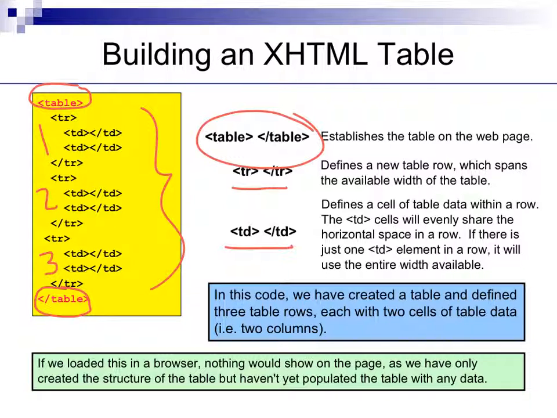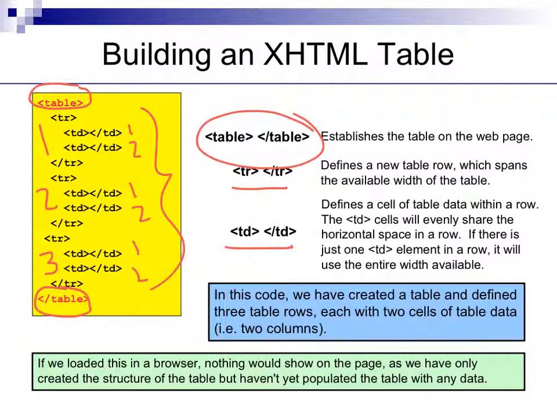The TD element, or the table data element, creates each individual cell within that row. Okay? So in the case here to the left in the yellow box, each row has 1, 2 cells. 1, 2 cells. 1, 2 cells.